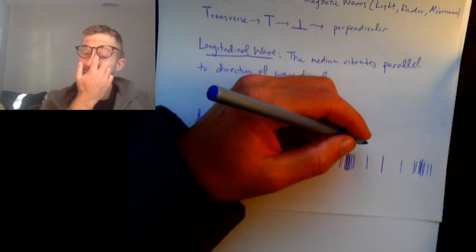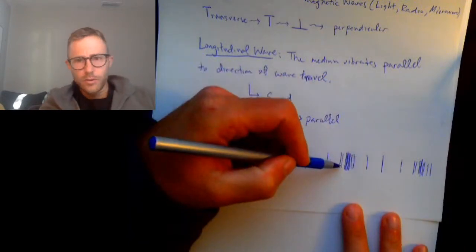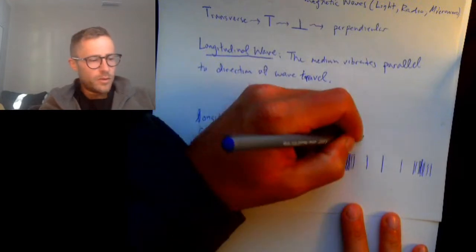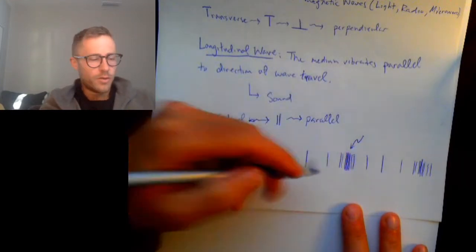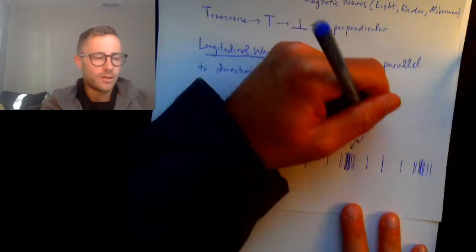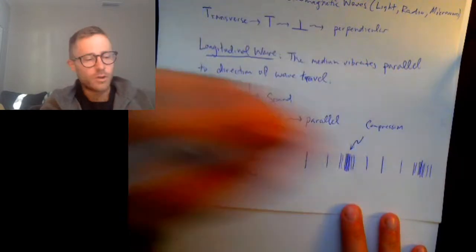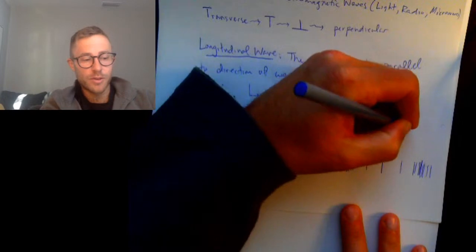The location on the wave where the medium is squished together is called a compression. Okay, so a compression is a part of the medium with higher density.